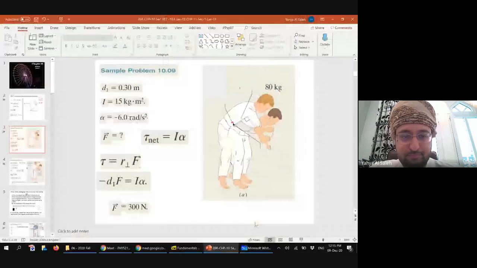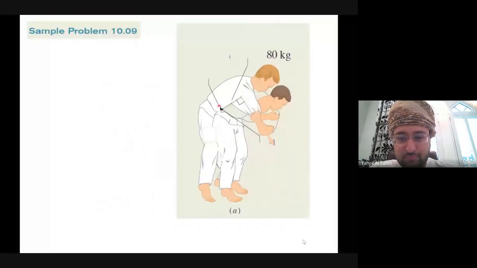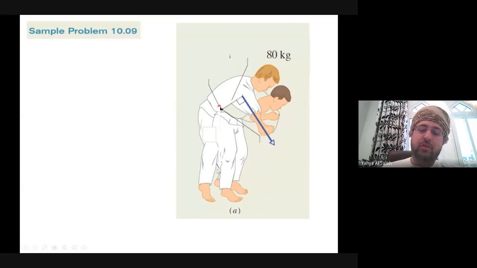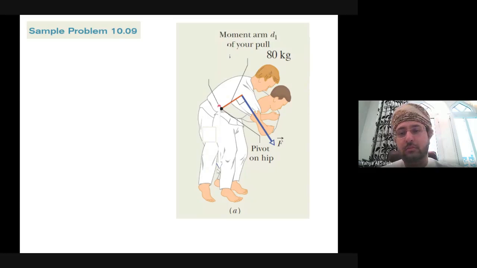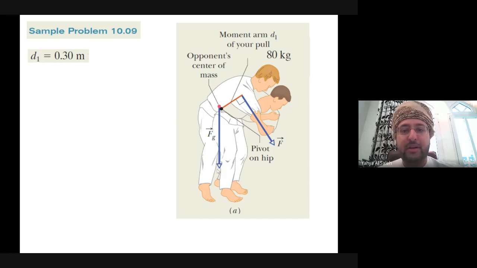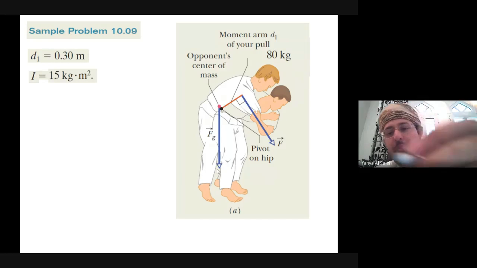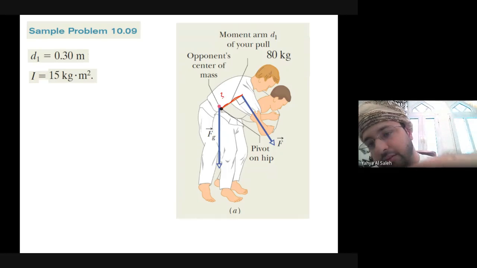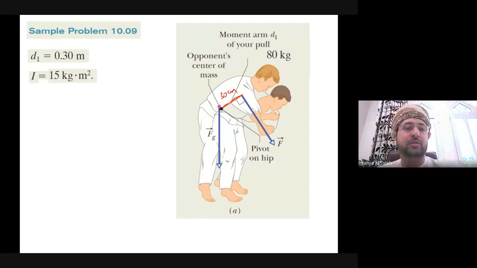Well, let's write our items down. Force, moment arm, center of mass, and F_G. These are the forces that are happening. My moment arm, this is 30 centimeters, so 0.3 meters. My I is 15 kilograms meter squared, and my alpha is this.